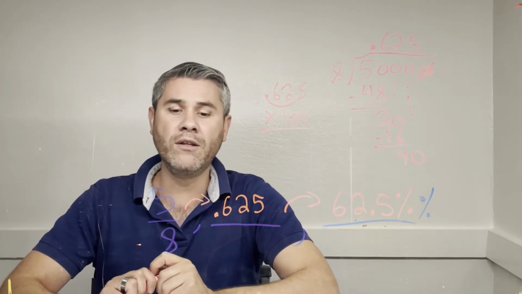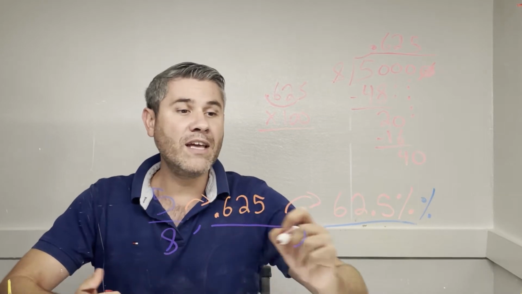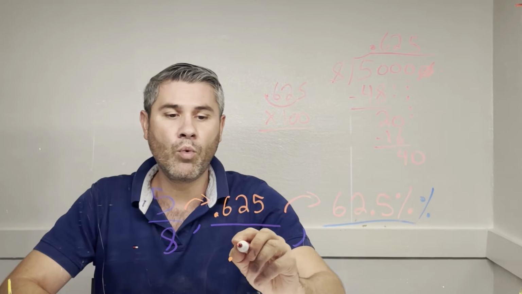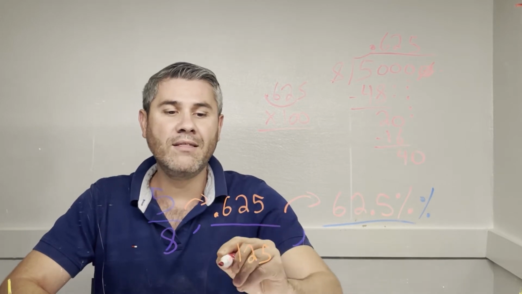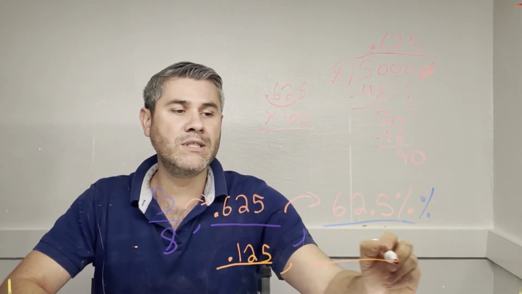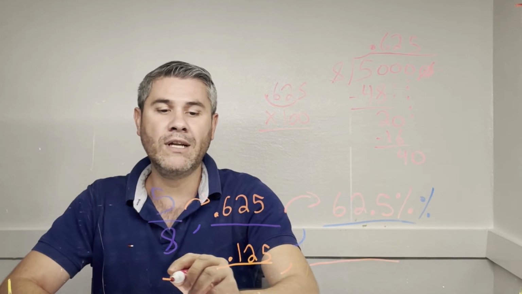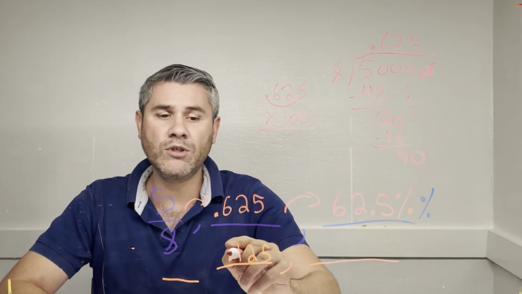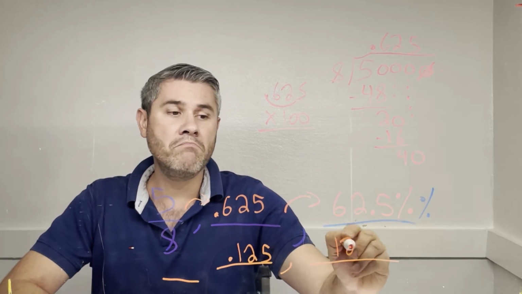So what I'm trying to tell you guys, or proof here, is that if I give you a decimal value, let's put 0.125, that decimal value could be written as a percent and at the same time could be written as a fraction. The percent would be the easy method. Why? Because we just move it to the right and there you go.